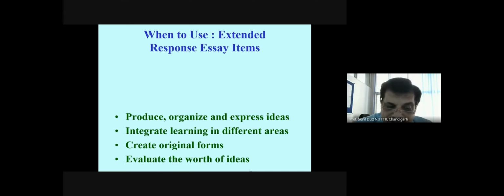Then coming to the analyzing part, that is analysis. Analysis means breaking down a concept or idea into parts and showing interrelationships among the parts. How can you classify according to something? You are giving some condition.